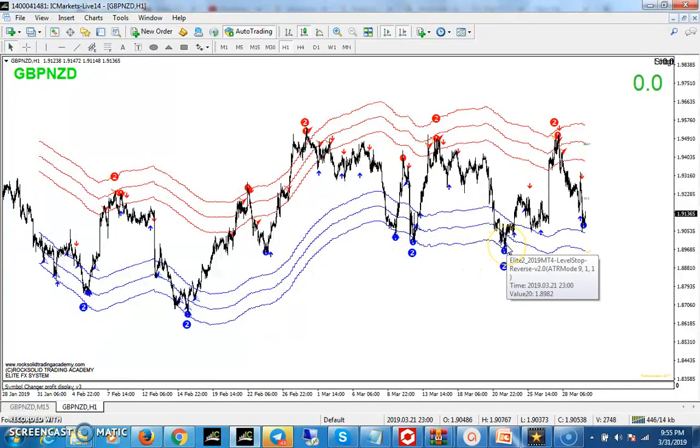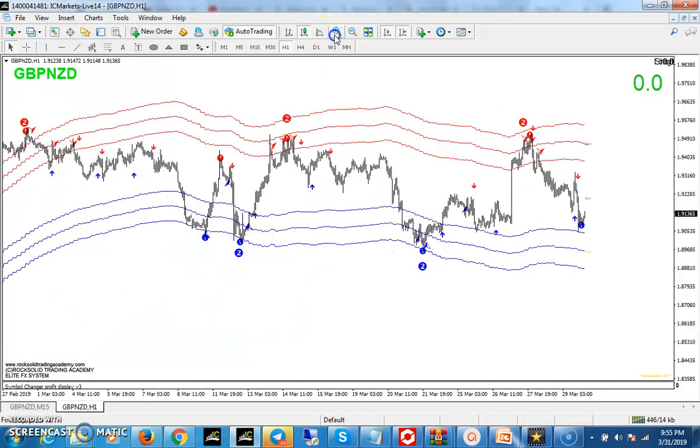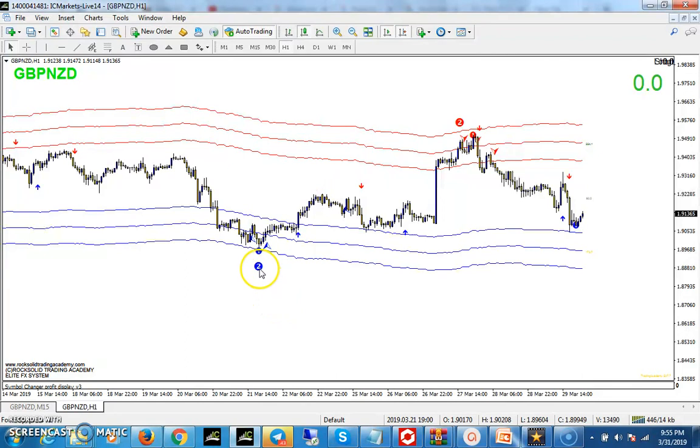That means you need ball 1 to be present. Let me zoom in. You need to have ball 1, ball 2, and a trigger arrow for you to enter.